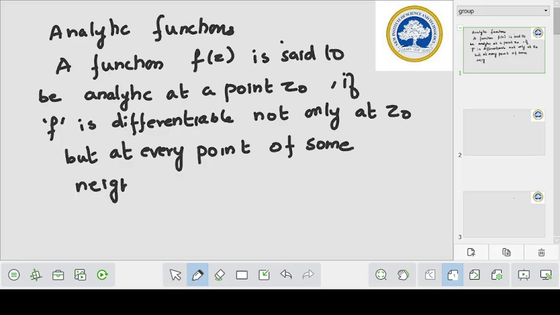So it should be differentiable not only at the point z naught but also in some neighborhood of the point. Then we say that the function f of z is analytic.